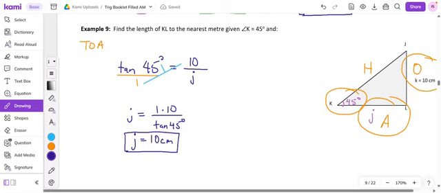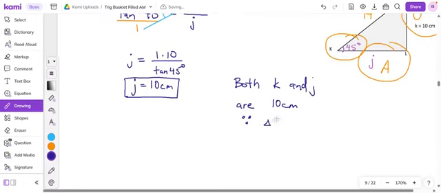Now, does anyone know why it's 10 centimeters? Don't tell me, talk to your people. Why are both sides 10 centimeters? Ooh, I heard it. Fill in the blanks.